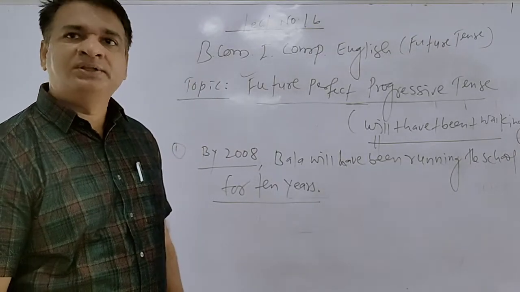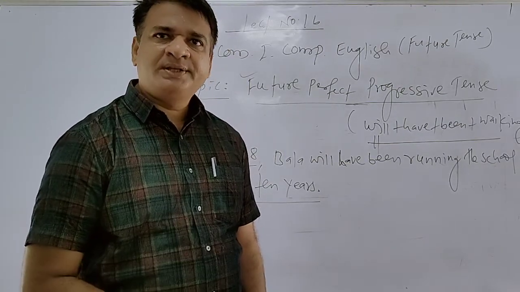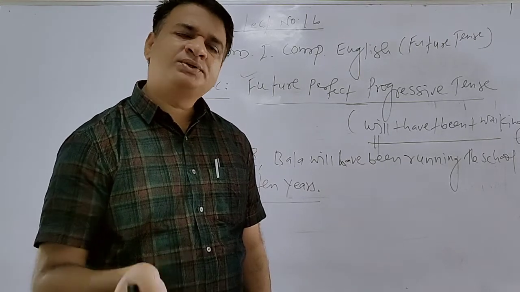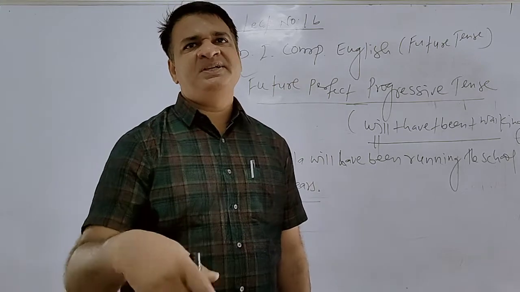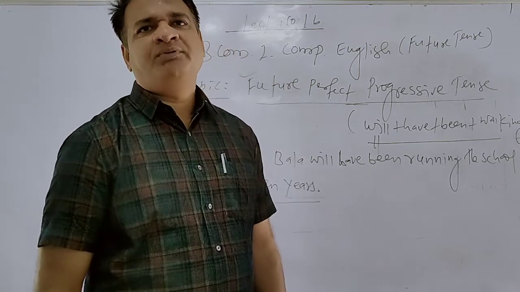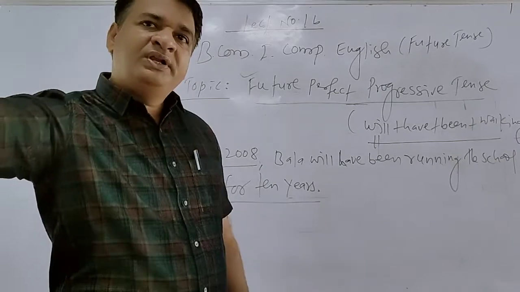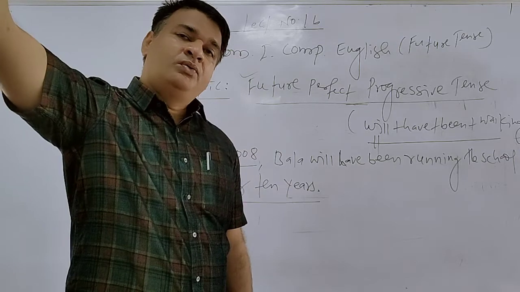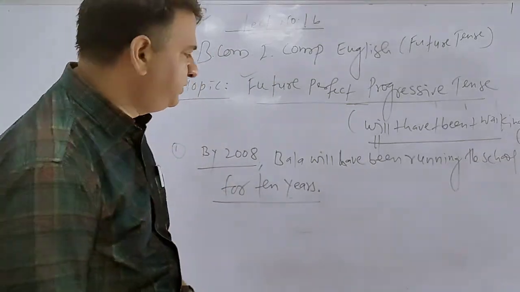In this way, if the business, work, education or profession of someone started in the past and continues into the future, we will simply say that in 2025 he will have completed his 40 years, 45 years. That way we just predict about the future.